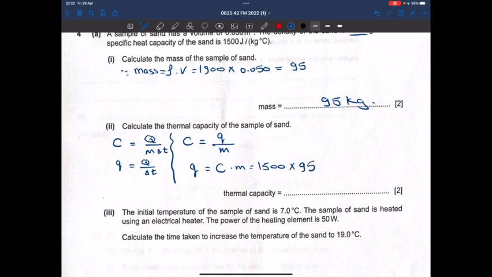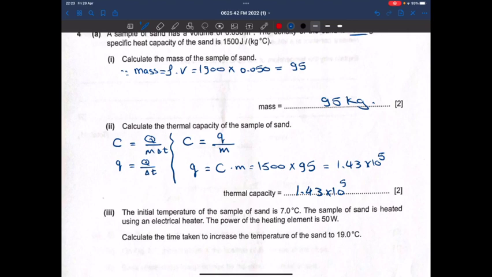If you use your calculator, you will get this answer, 1.43 times 10 power 5. So I'm going to write it here, 1.43 times 10 power 5.